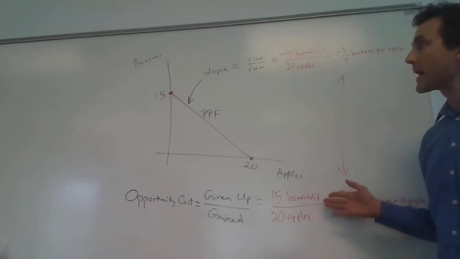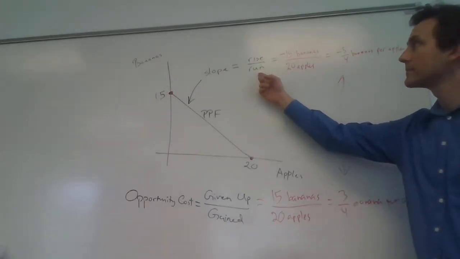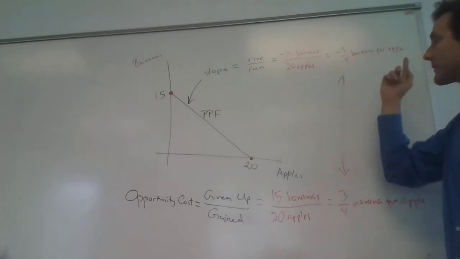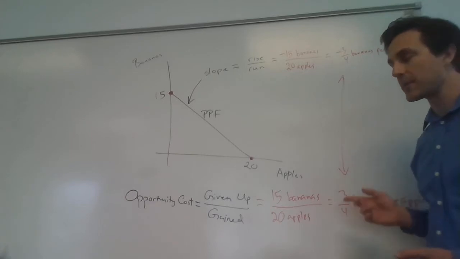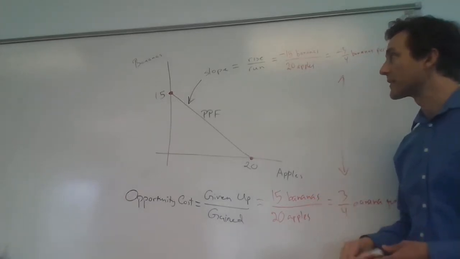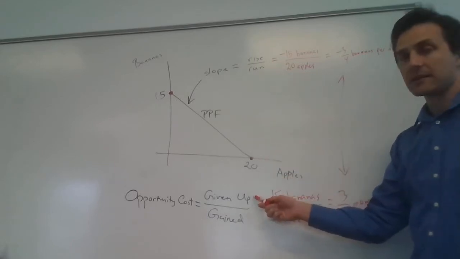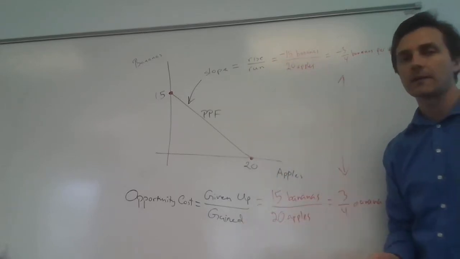The units match up with the slope, which is rise over run, so negative 3/4 of a banana per apple. And the numbers match up as well, because the rise is what is given up and the run is what is gained. You just drop the minus sign.